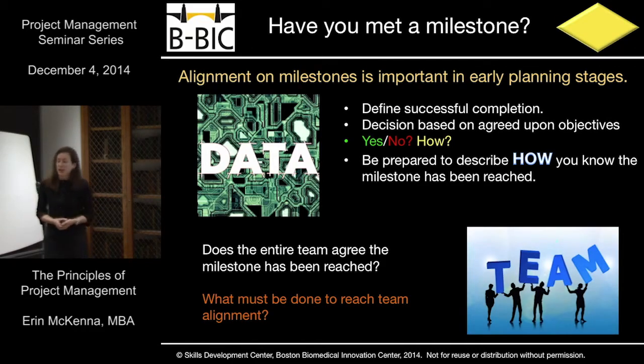Does the entire team agree the milestone has been reached? That can be tricky as well for the same kind of reasons. And so what are the things you want to do to reach that team alignment? I think it gets back to just having ongoing conversation and good communication as you're doing the work, following the progress, and making sure that everyone understands how it's being executed, what's being learned, and whether that information, as you learn it, changes anything around anyone's perception of what the goal should be.